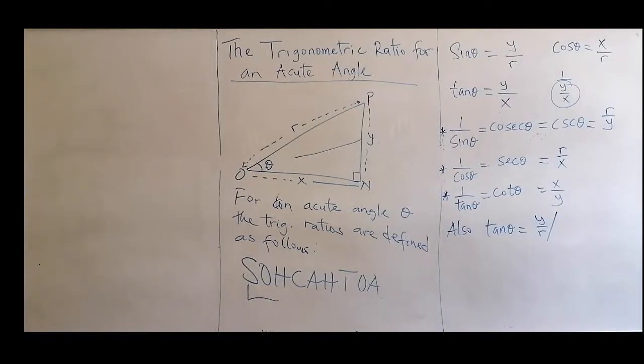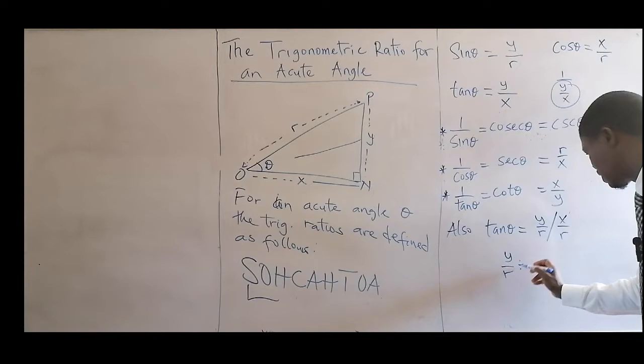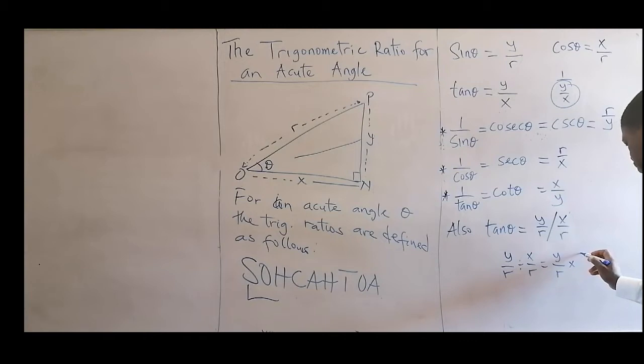When you divide y over r by x over r, that equals y over r times r over x. You can see that r will cancel.